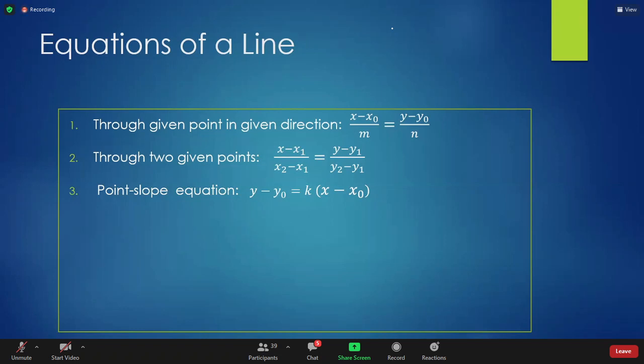So all these equations are connected among themselves. And finally, the slope-intercept, or the explicit equation, is obtained if we simply open a parenthesis and bring all the constants to the right-hand side. In that case, we get the equation y equals kx plus b, which is our most familiar equation of a straight line, the equation in the function form.